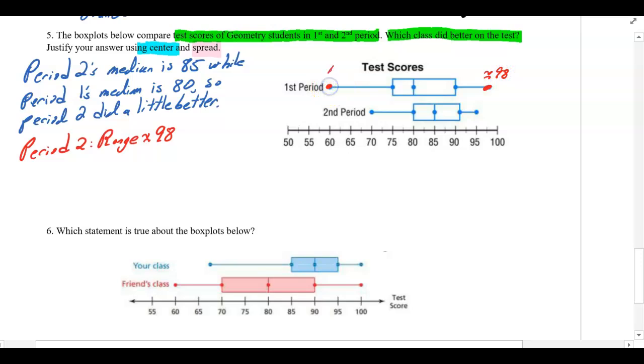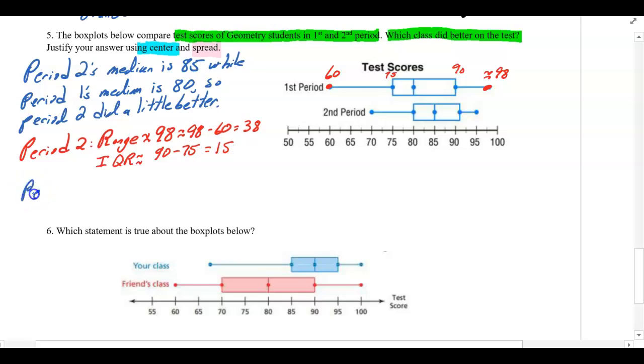This point here looks like it's 60, so the range is approximately 98 minus 60, which is 38. If I wanted to, I could use the IQR. This looks like about 90. This looks like about 75. So 90 take away 75, which I think is 15.